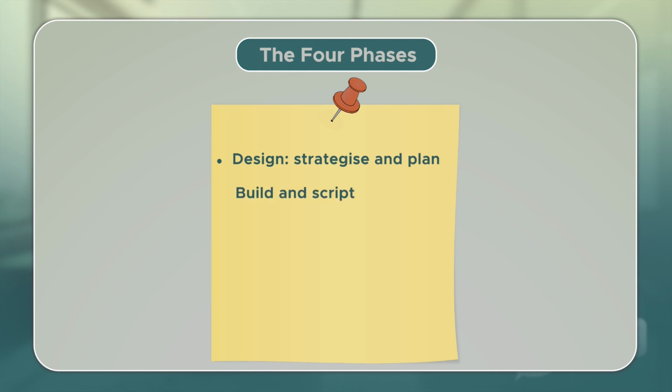Phase 2, develop, build and script, putting words, text, images, video, the building of a presentation, which is both parts, the audio and the visual. Number 3, deliver, using voice and body to actually convey the presentation, to explain it, to interpret it to the audience.